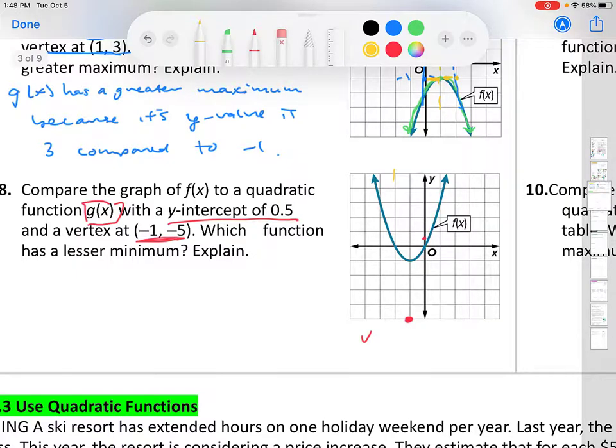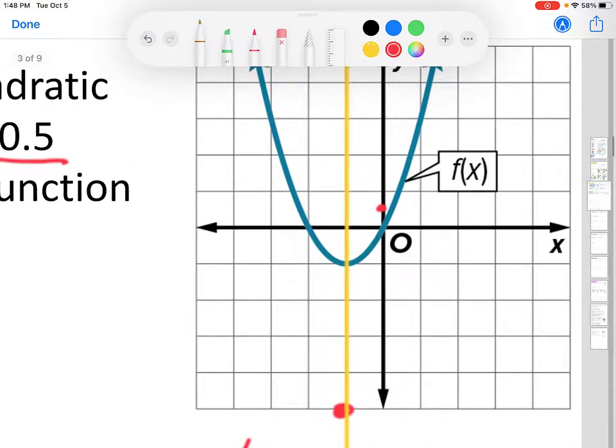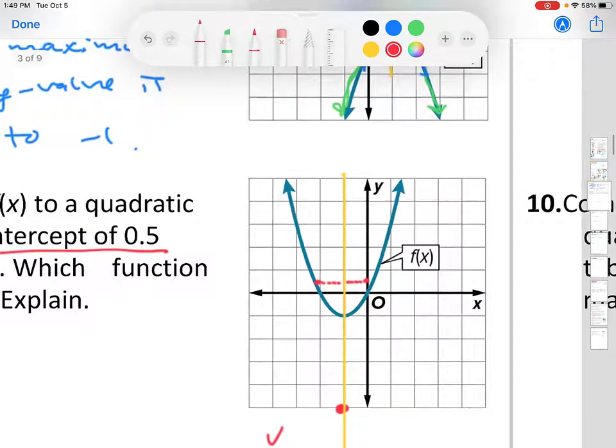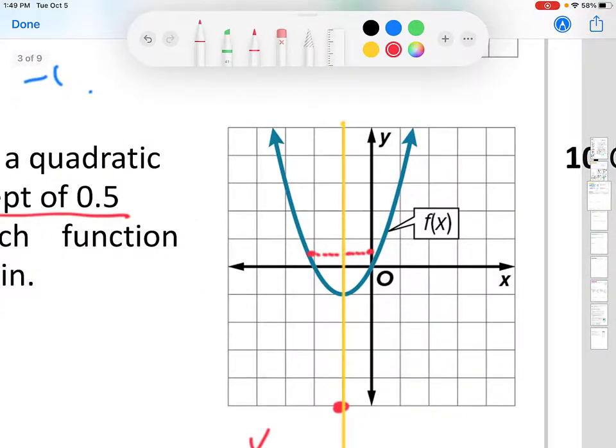I totally missed it. Oh yeah, now I can do a straight line. So this is the axis of symmetry, and it's going through that exact point. Does that make sense? So then 0.5 going across goes right here. Does that make sense?